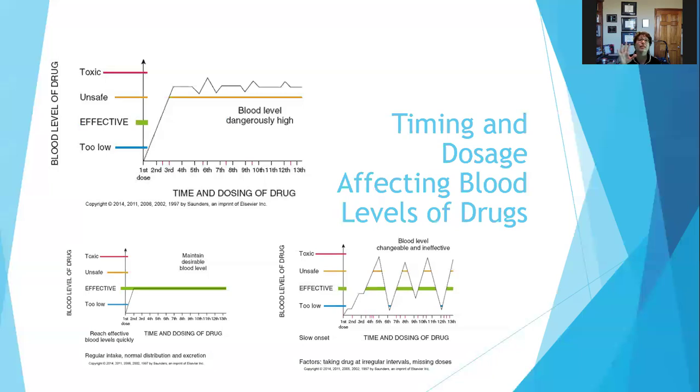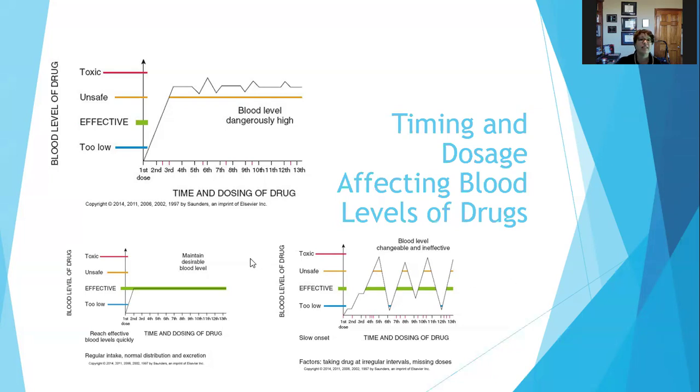So if you are taking too much, if you're taking the doses too close to each other, not enough space of time between doses, that's the chart on the top. And you get up to an unsafe blood level of that drug.